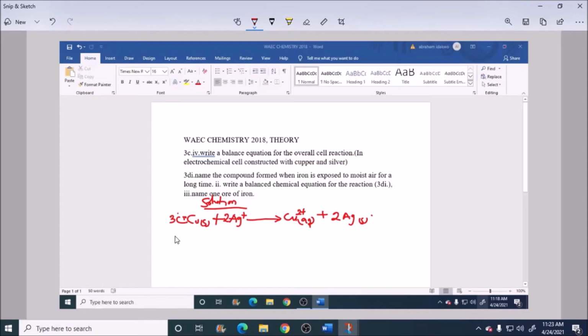Then 3D Roman figure 1, we are asked to name the compound formed when iron is exposed to moist air for a long time.